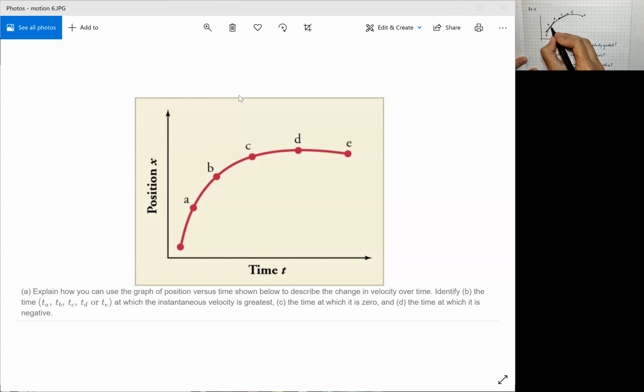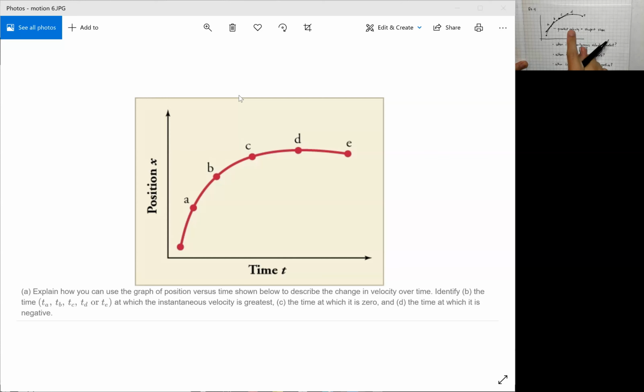So line A is steeper than line C. Greatest velocity equals the steepest slope. And so when is the instantaneous velocity greatest out of A, B, C, D, and E? It would be A.